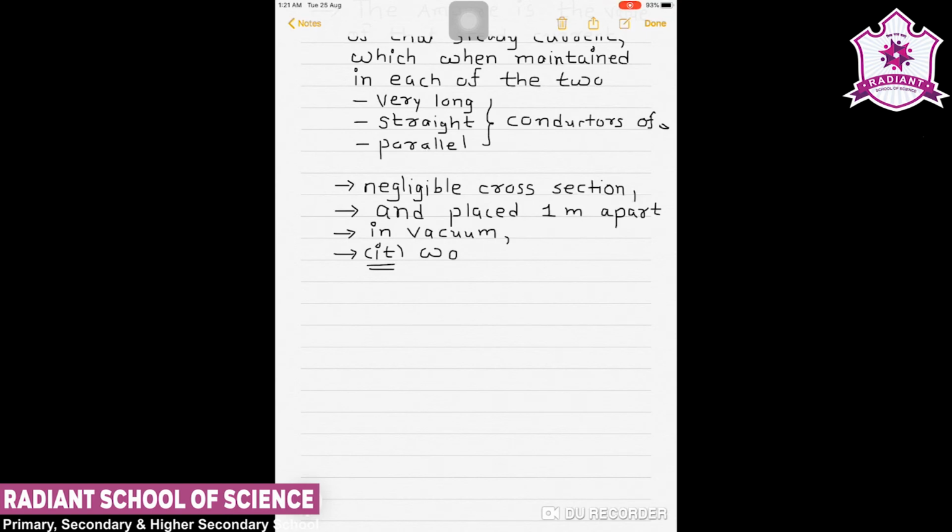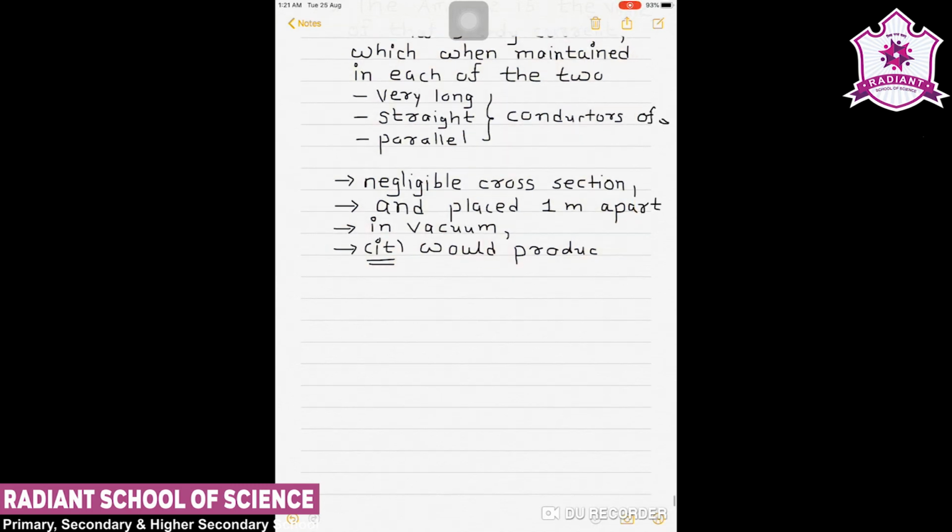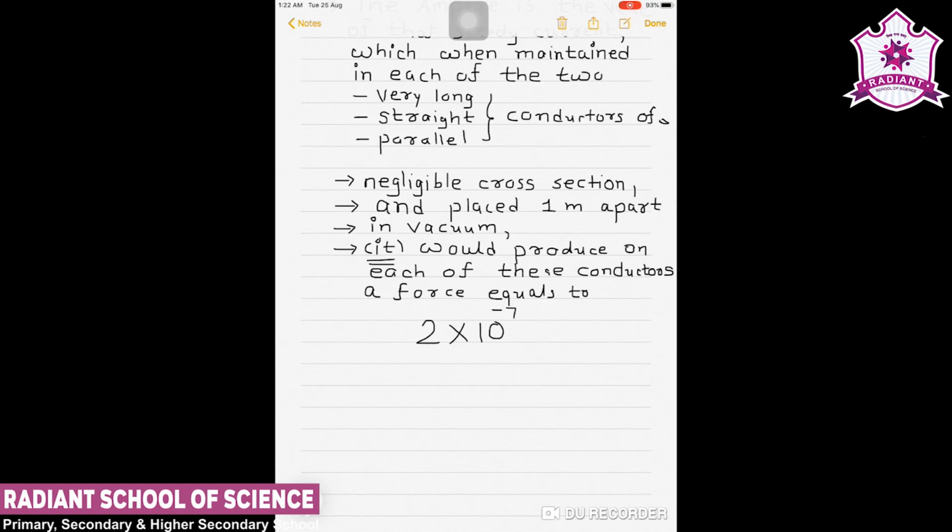It would produce on each of these conductors a force which is equal to 2 into 10 raised to minus 7 newton per meter.